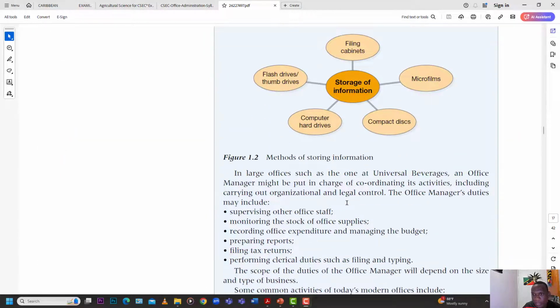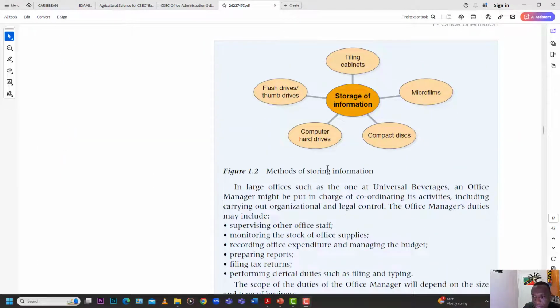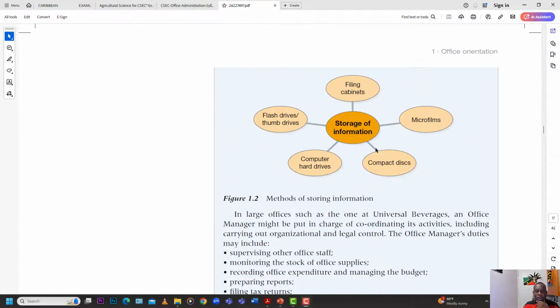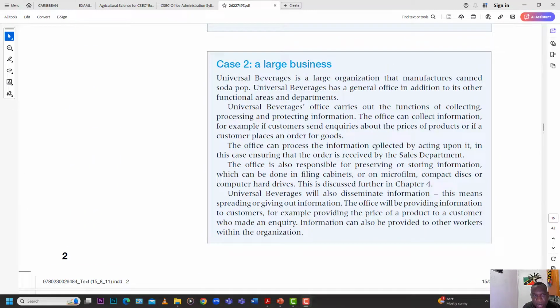So here we have some examples. Storage of information: computers and hard drives are the main thing nowadays. Nobody is using microfilm and compact discs and those kinds of things. That's a way of the past, right? So those are some of the functions of the office.